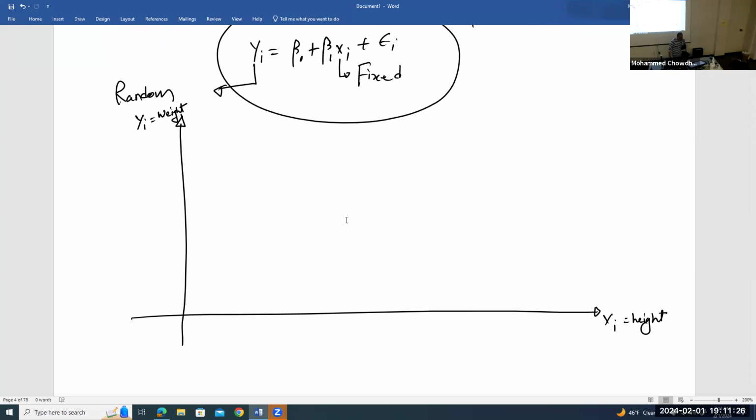I said X is my height, Y is my weight, and I also said that X is fixed. How is it fixed? You need to understand. Without looking at the graph, you do not understand. Suppose I want to take a height here, which is equal to 3 feet.